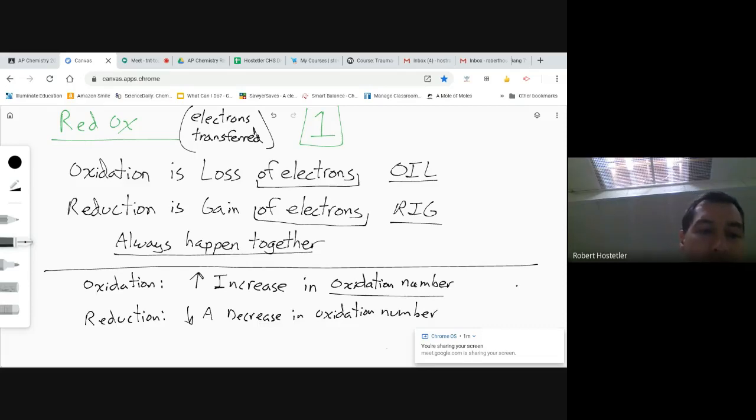Now, whenever you have a redox situation, you're going to see both oxidation and reduction occurring at the same time. You're not ever just going to have oxidation and no reduction, unless you're looking at a half reaction, but that's kind of synthetic because we intentionally pulled the reaction apart into two halves.